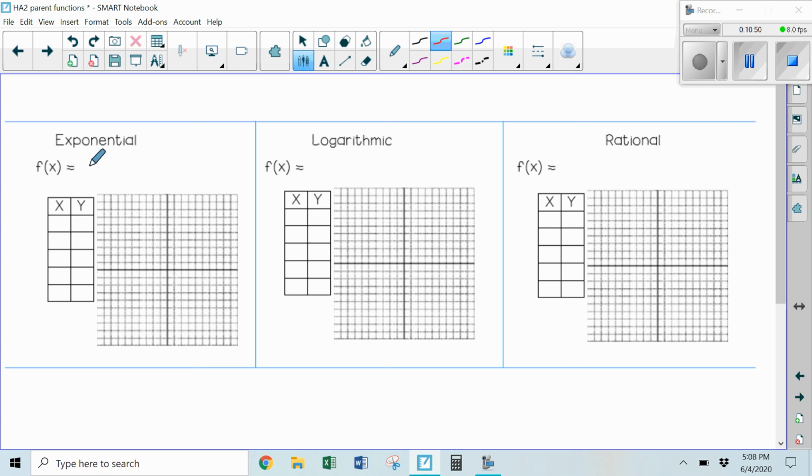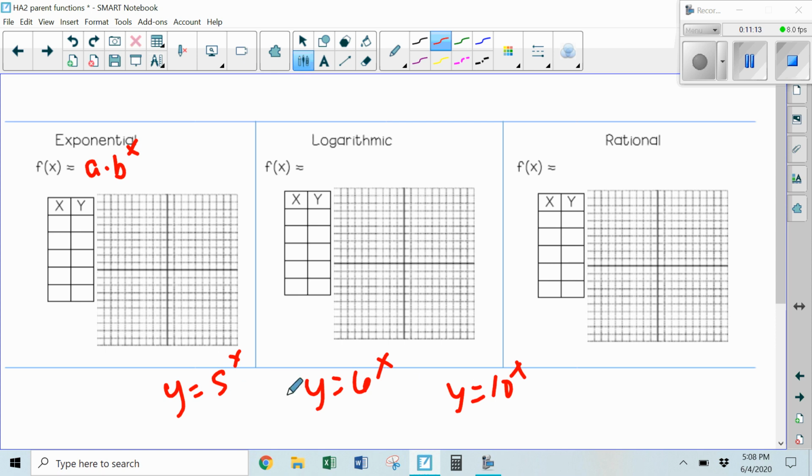So that would be, go ahead and write b to the x. Now there's a lot of different exponential functions, parent functions. For example, you could have 5 to the x, 6 to the x, 10 to the x.